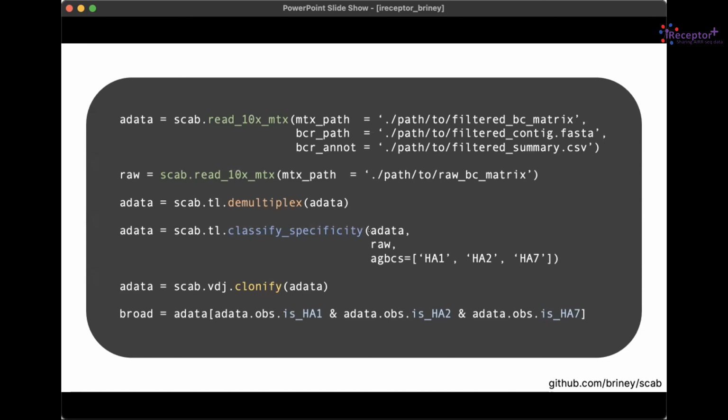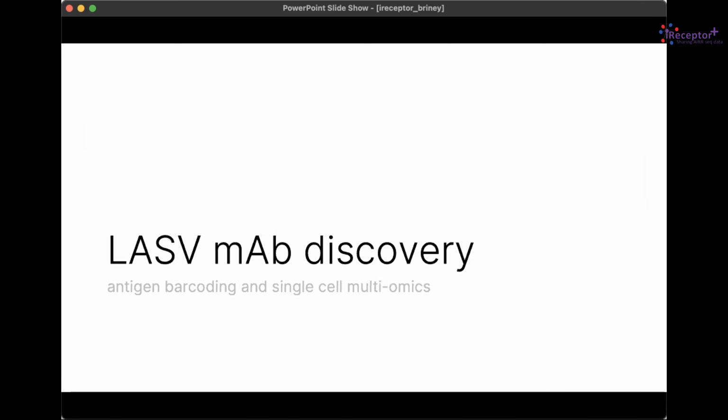You demultiplex, classify the specificity, assign lineages, and then just pick out these cells which are positive for H1, H2, and H7. And now you have this nice, concise data frame of your broad antibodies, which is linking together gene expression, demultiplexing data, specificity assignments, as well as other things that you may have, like heavy and light chain sequences and any other annotations.